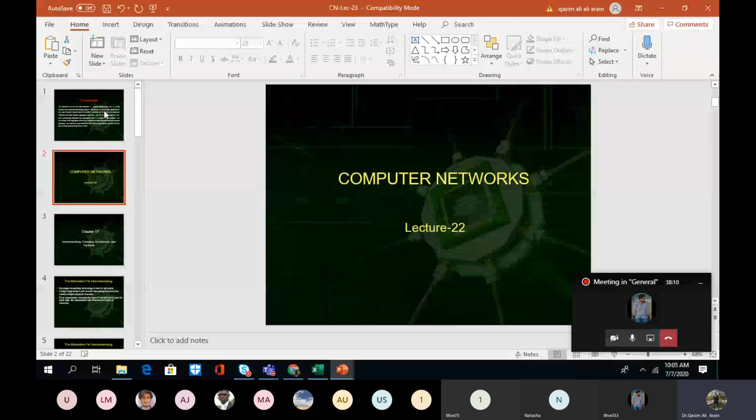Up till now, we have discussed LANs, WANs, the devices which are working inside LANs and WANs, and the different networking technologies which are being used inside the internet, like ATM, Ethernet, frame relay, or something like that, right?